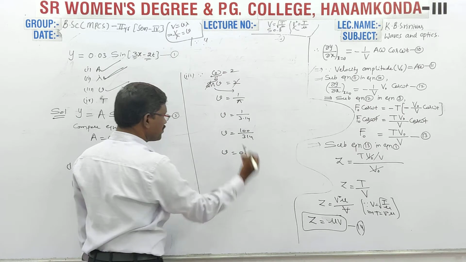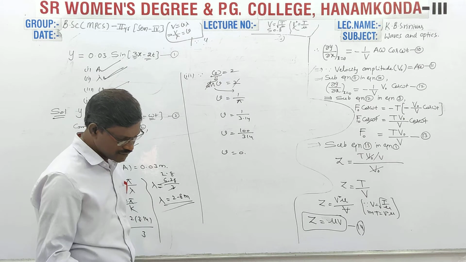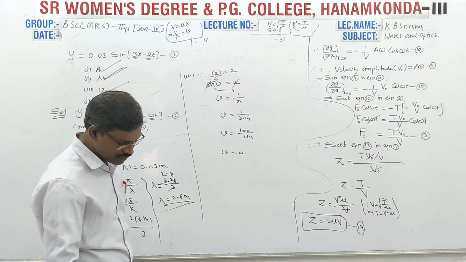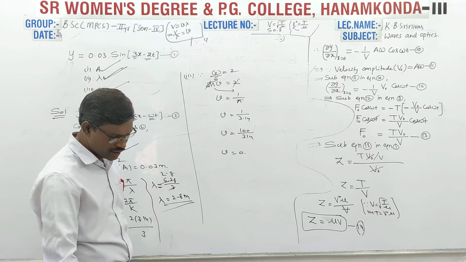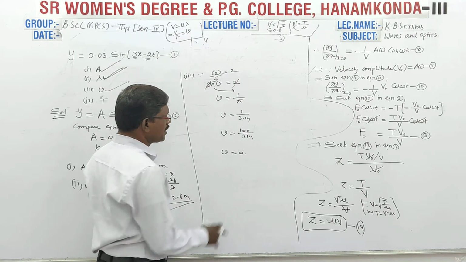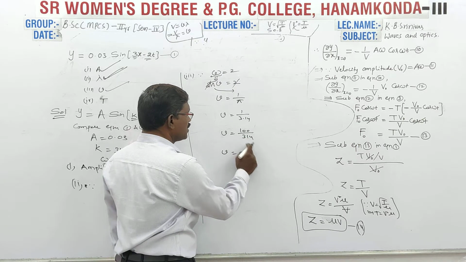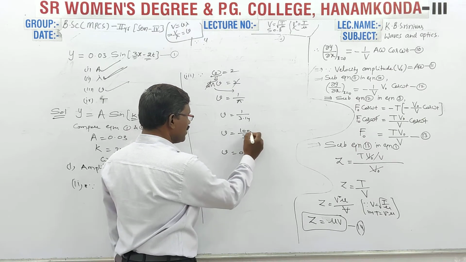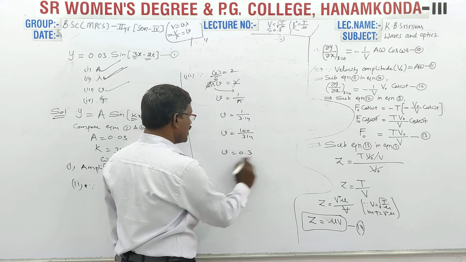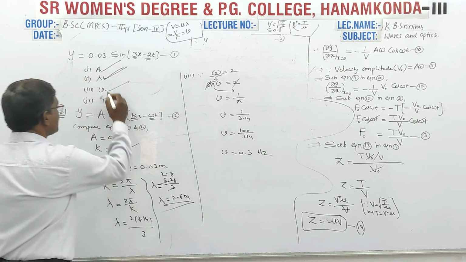Put the decimal point, 100 becomes 1000. 314 means 300, 3 threes are 900, already here we have 1000, so nu is nearly 0.3 hertz. I have calculated frequency also.